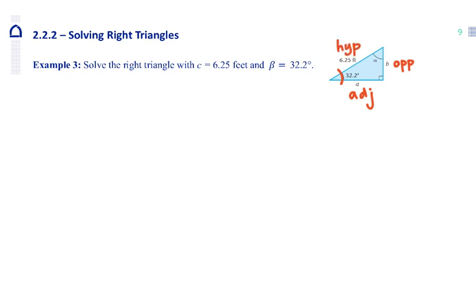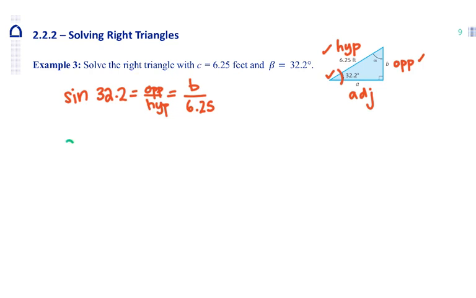Let's think of a trig ratio that includes something we know, which we know the hypotenuse, we know this angle, and something we don't know. Let's say opposite. So I know that the sine of this angle 32.2 degrees is going to be the opposite over the hypotenuse. In this case, the opposite is b, and the hypotenuse is 6.25.